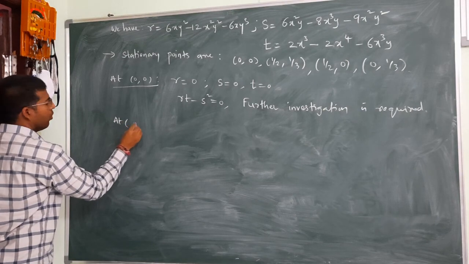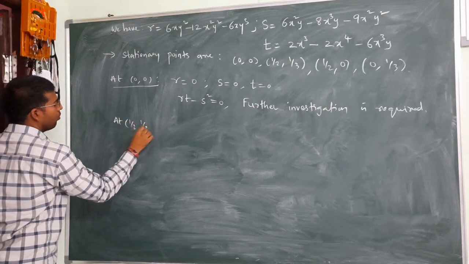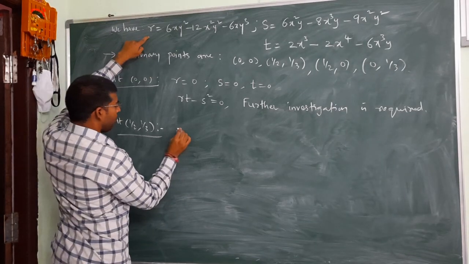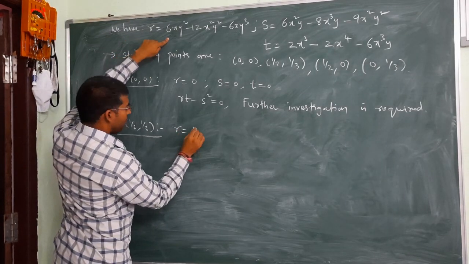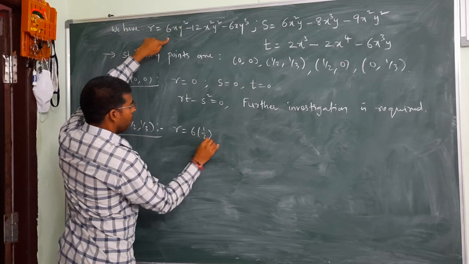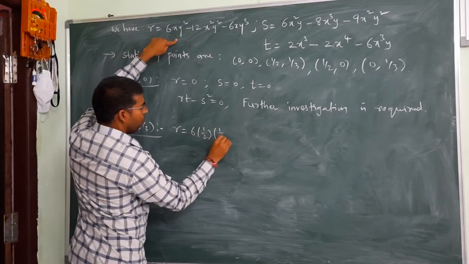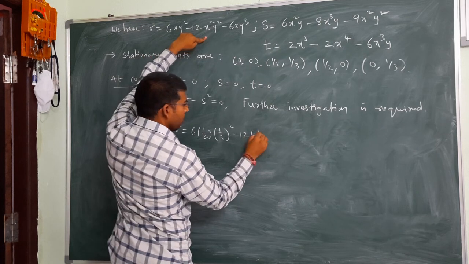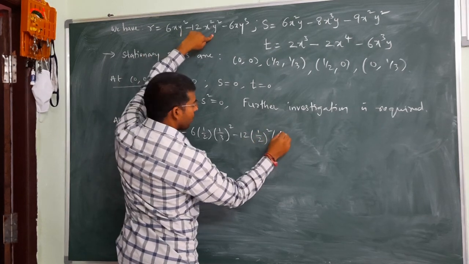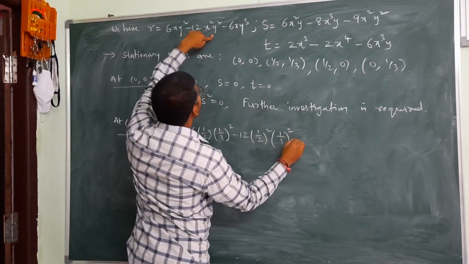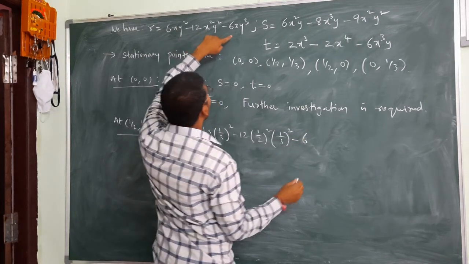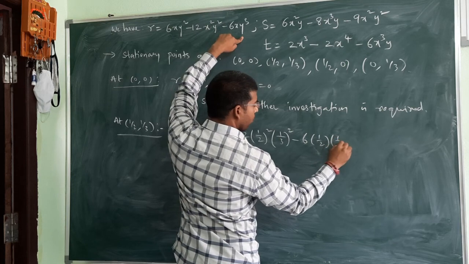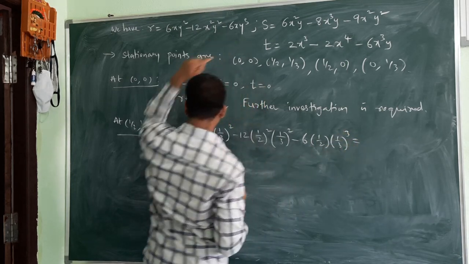At (1/2, 1/3). Then what is the R value? That means 6 into 1/2, 1/3 squared, minus 12 into x², that is (1/2)², y² means (1/3)², minus 6 into x, that is 1/2, y³, (1/3)³. This is the R value.